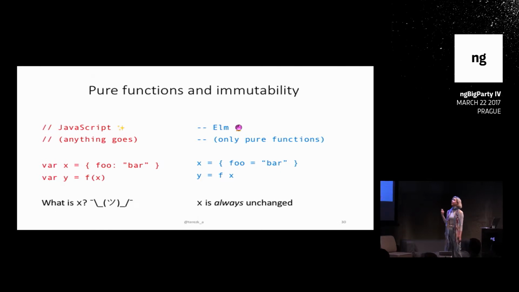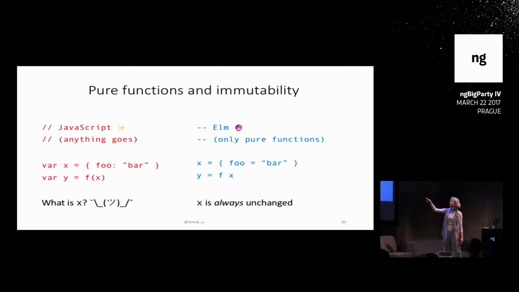Pure functions go hand in hand with immutability. And so if you see over there, there's a JavaScript example. You initiate X with something, and then after you wrap it in this function, you have no guarantee of what X will be afterwards. So that's not cool.